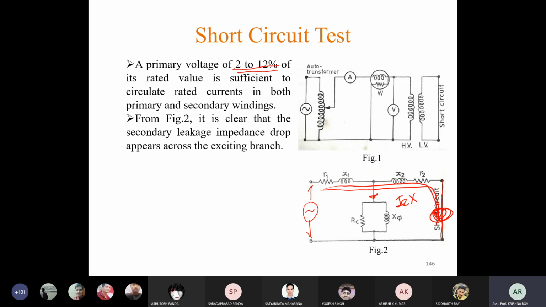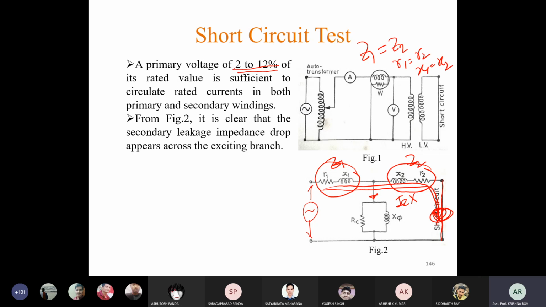Now see, there are two impedances. One is primary side leakage impedance, another is secondary side leakage impedance. This is Z1, this is Z2, and normally we consider Z1 is equal to Z2, or we can write R1 equals R2, X1 equals X2.